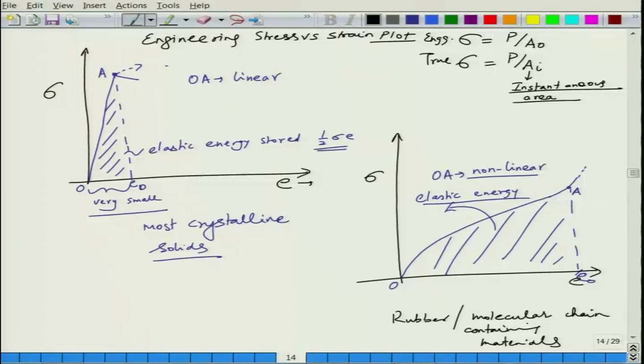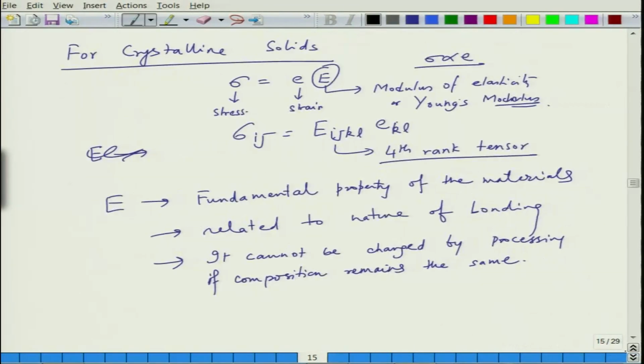But there is a nonlinear region shown by molecular materials such as polymers and rubbers. The relation between stress and strain in the elastic, linear region can be represented by Hooke's law, which is sigma is equal to E times strain.